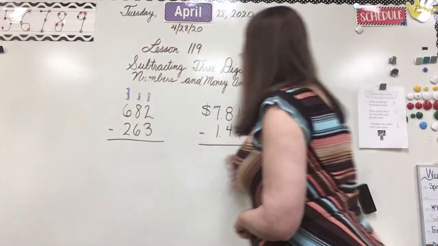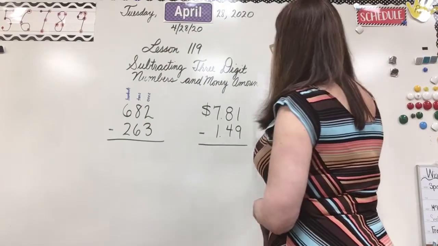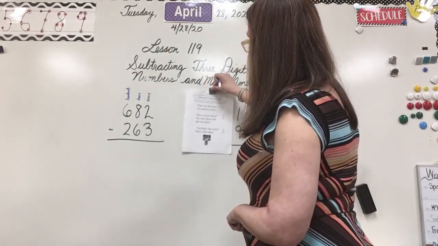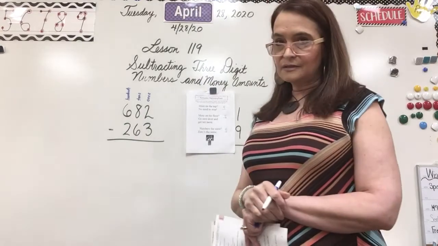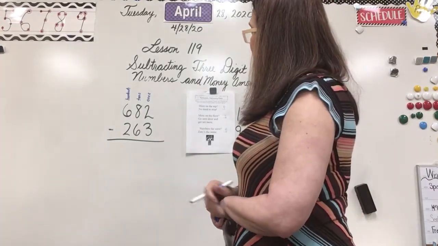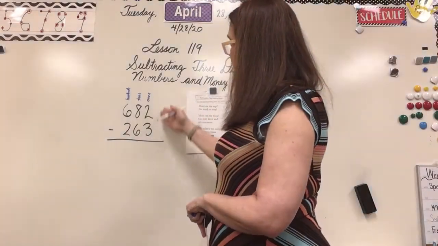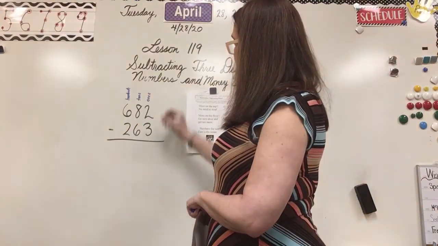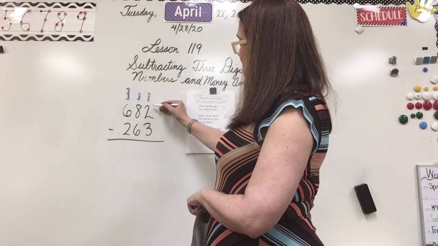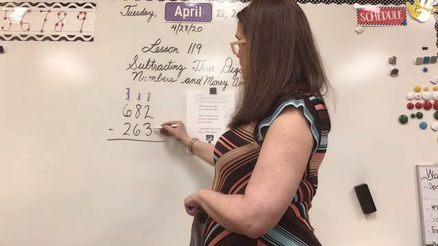All right, now let's also make sure we have our subtracting and regrouping poem handy. And let's look at this together. So we always start over here in the ones column, and we need to always check to make sure that the number on top is bigger than the number on the floor.